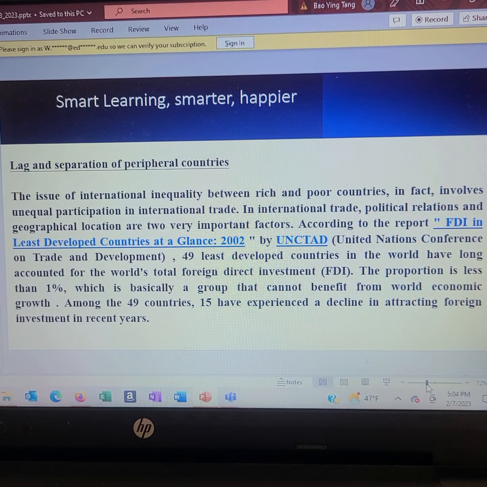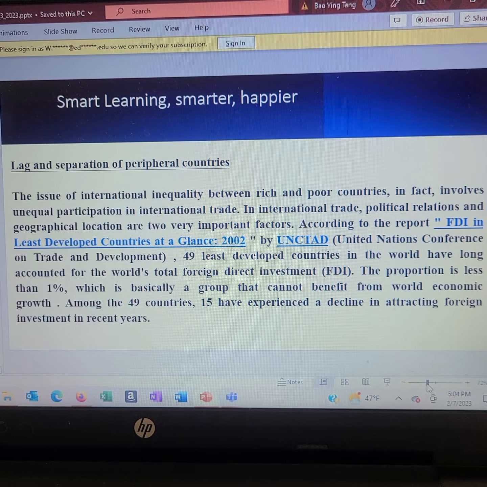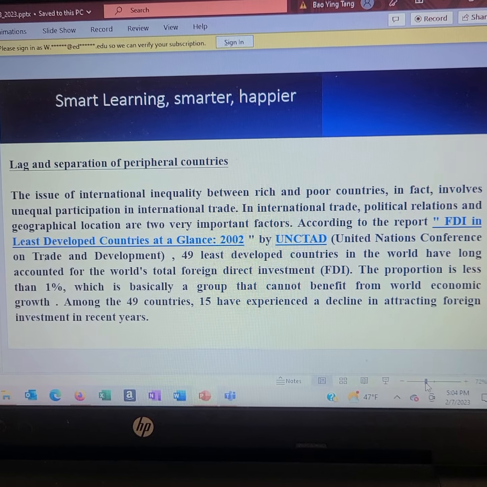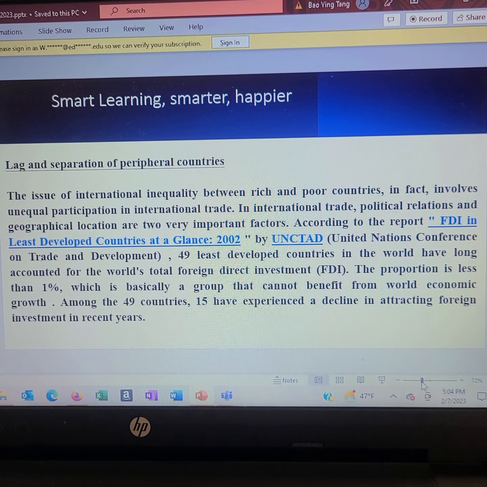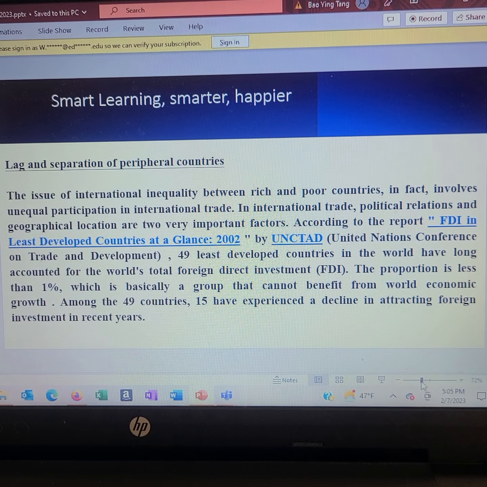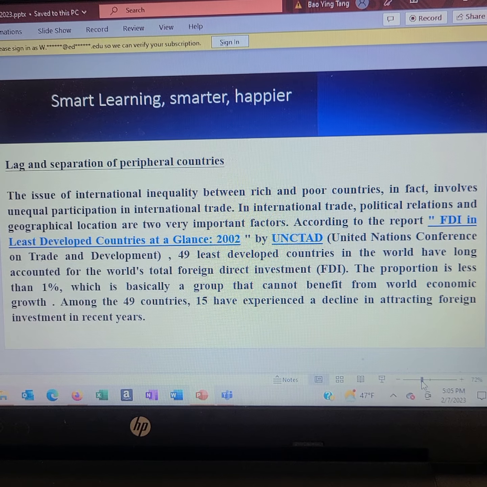Lack and separation of peripheral countries. The issue of international inequality between rich and poor countries, in fact, involves unequal participation in international trade. In international trade, political relations and geographical location are two very important factors.